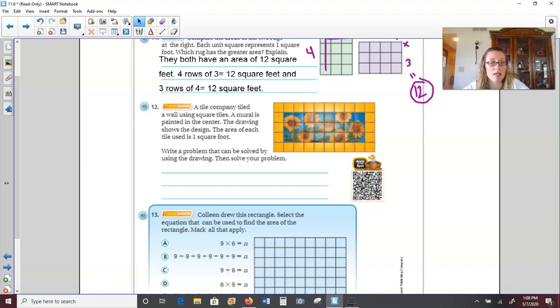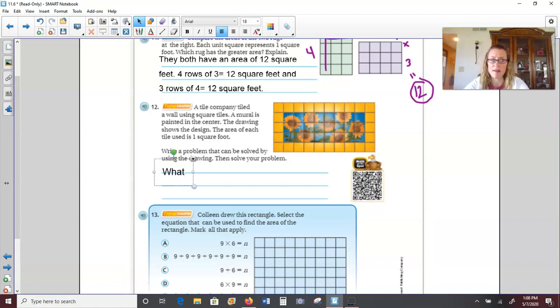So that would just be the tiles that contain the picture of the sunflowers. Or we could ask a really smart question, a go deeper question. What is the difference between the area of the yellow tiles and the mural? I think we're going to go with that challenging one.